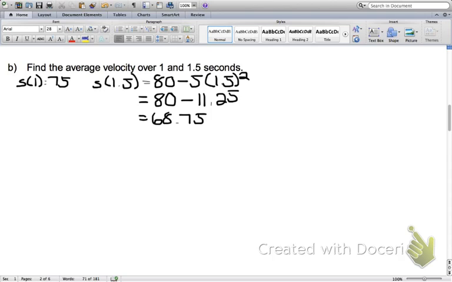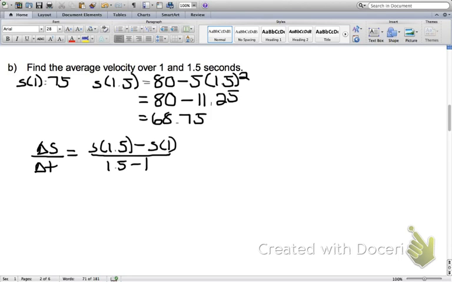So to find our average velocity here, we're going to take our change in position over our change in time. So our s at 1.5 minus s at 1, all over 1.5 minus 1.